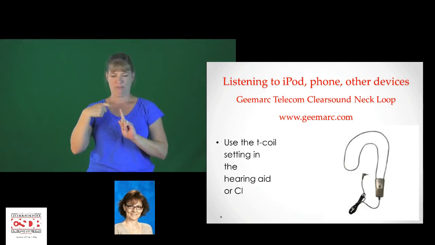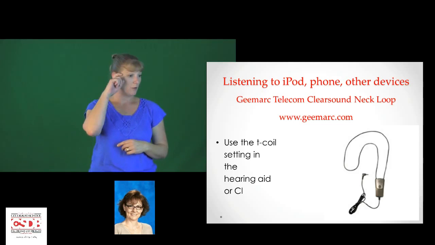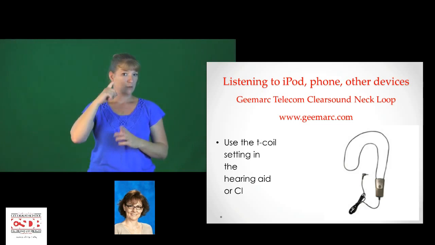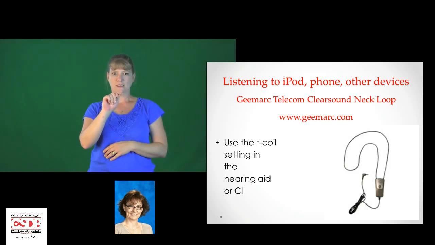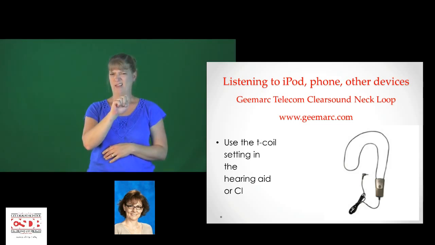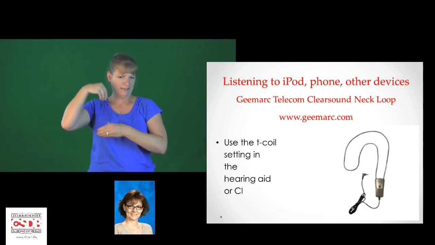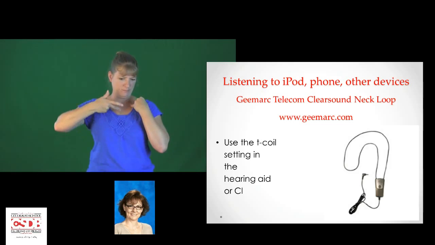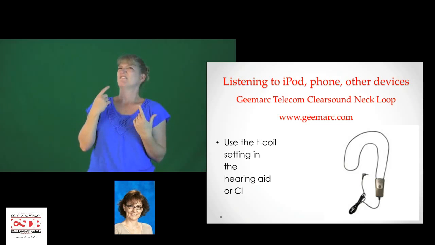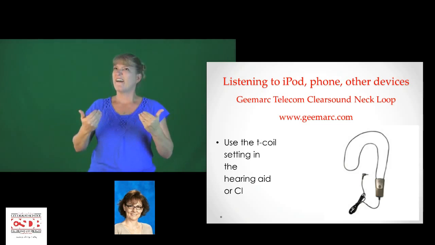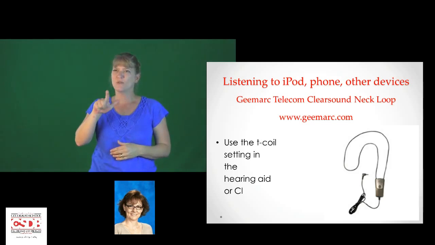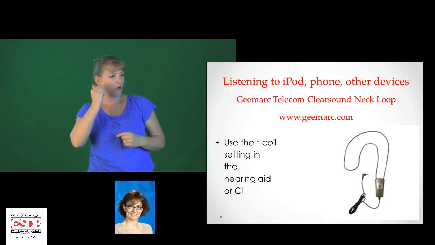And the hearing aid or the cochlear implant must have a T-coil or a telecoil setting in the device in order to hear the sound from this. So if you're not sure if the hearing aid or cochlear implant has a T-coil option, you could ask your audiologist.